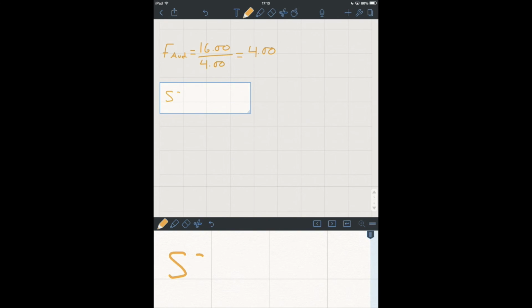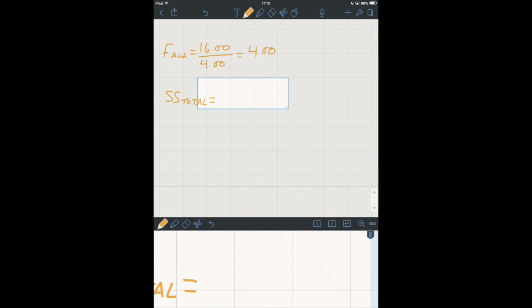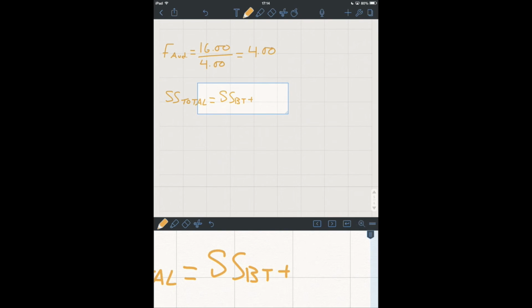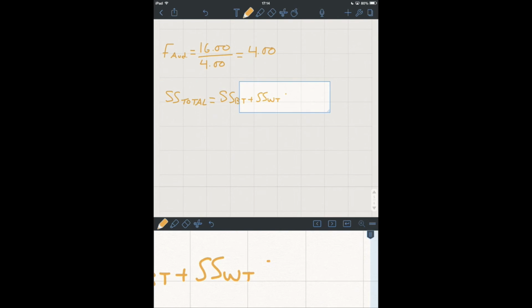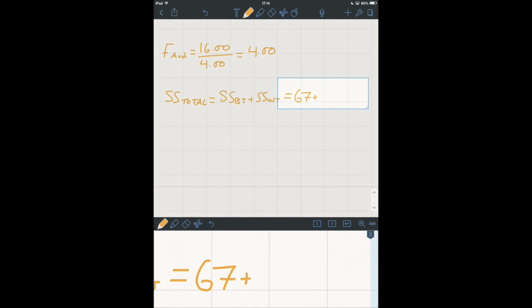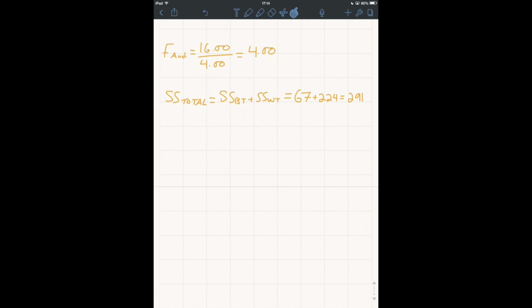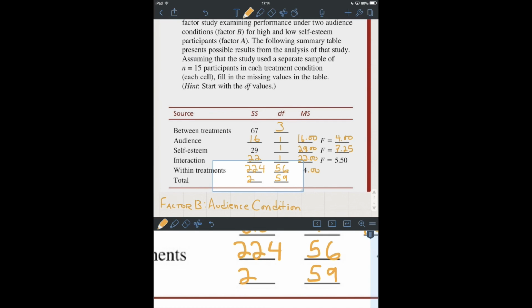And we almost have everything except for the SS total. So the SS total equals SS between plus SS within, and that's 67 plus 224, which equals 291. And then we'll add that to the source table. So we have total SS as 291.